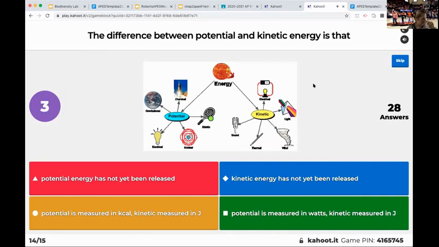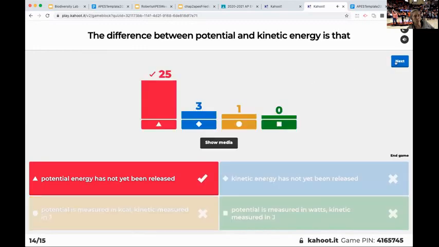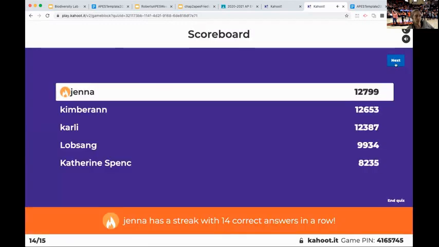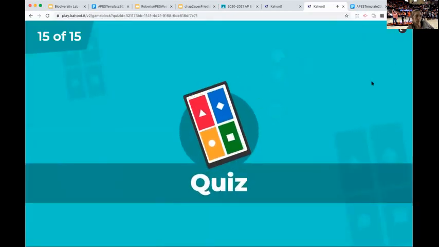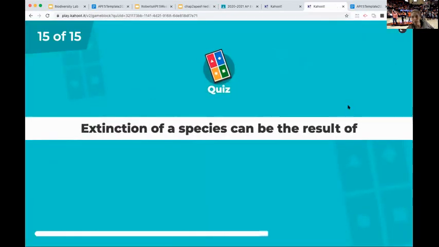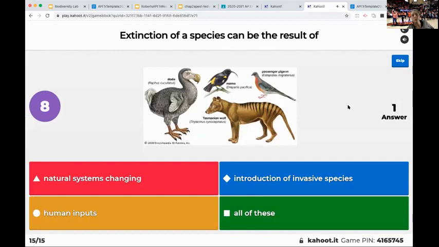I will have to increase the seconds then. I wonder if it's just lagging, showing it to you. Extinction of a species can be the result of.